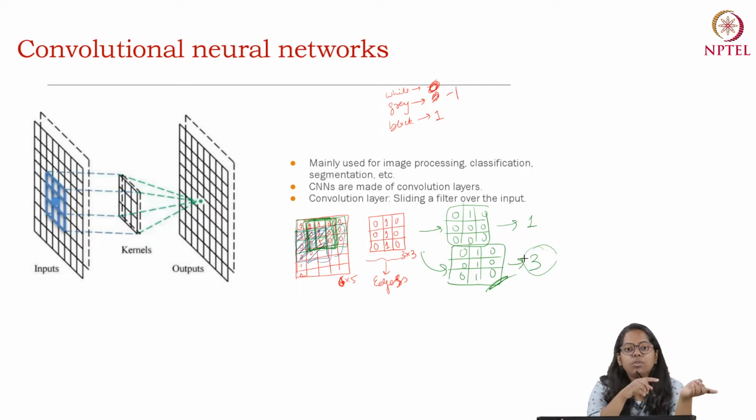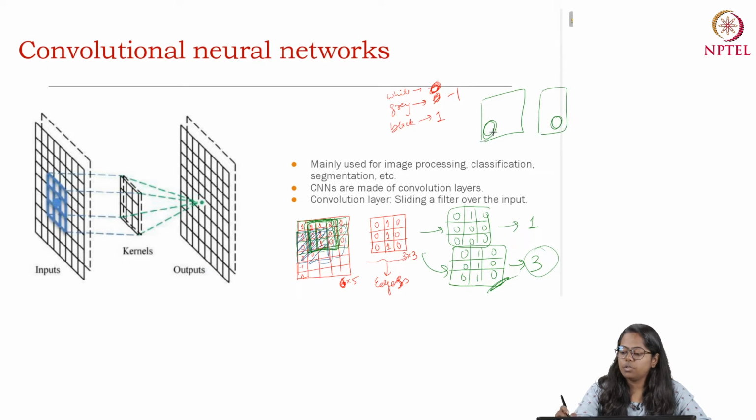So for instance, as we talked about translation invariance, even if the dog is present at the bottom left or the bottom right corner, whenever the filter that is constructed to identify a dog is passing over these pixel values, it will give us the same value even if the dog is on the left or on the right. So this is how convolutional networks work, with the help of these filters in order to identify different patterns.